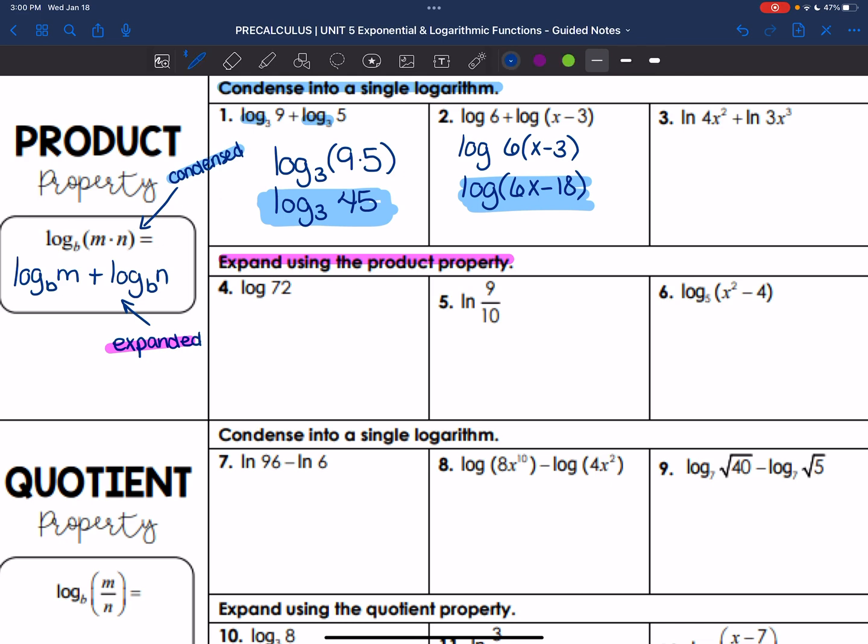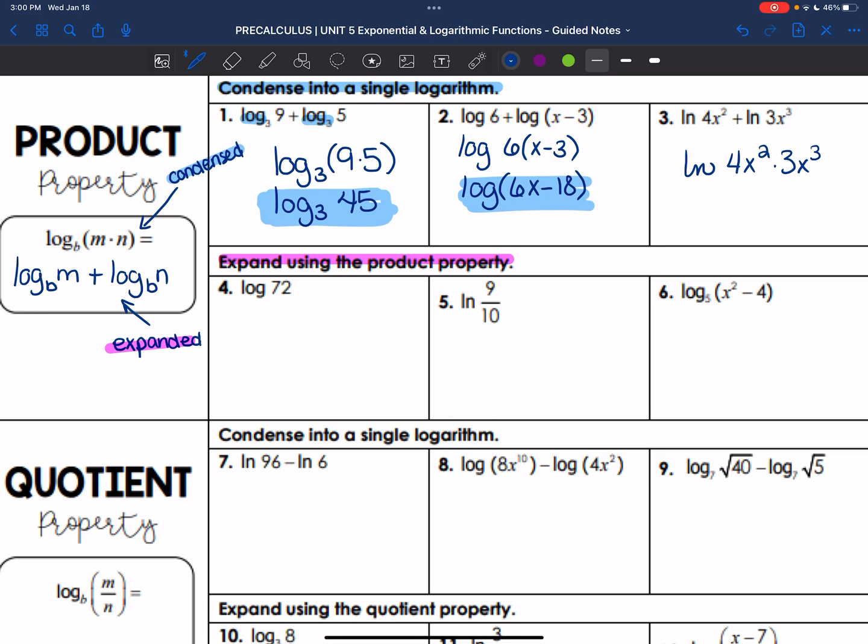Last but not least, we're looking at the natural log of 4x squared plus the natural log of 3x cubed. Because these are both natural logs, base e, we can condense them. This is going to give us the natural log of 4x squared times 3x cubed.